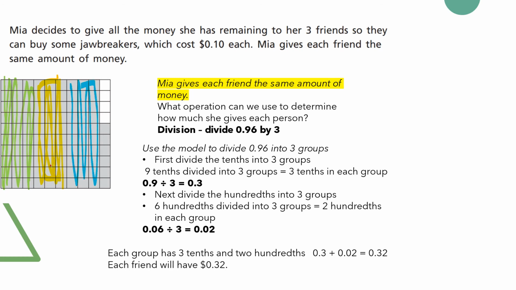So I've got a group of 3 tenths, 3 tenths, 3 tenths, and now I'm going to go back and divide my cute little hundredths that are left. Okay, so I've got 3 tenths and 2 hundredths in each group. So that means that I have 32 hundredths and each friend will have 32 cents.